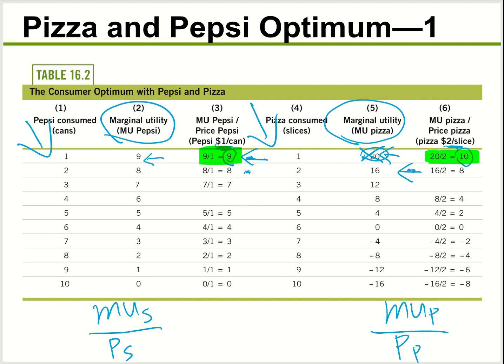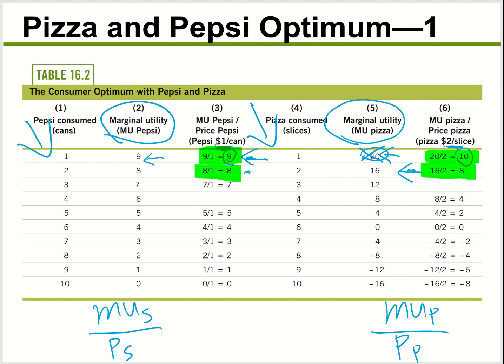Now the third consumption is different. If you buy pizza, it gives you a utility per $1 spent, and if you buy soda, it gives you a utility per $1 spent. So they're equal, and for the third consumption it doesn't matter. So for the third and fourth, we're going to buy the second soda and the second pizza. Now for the fifth consumption, you're going to see a difference.